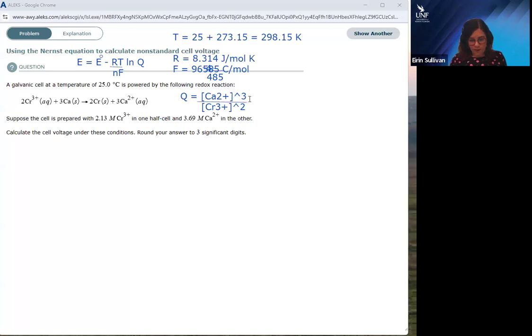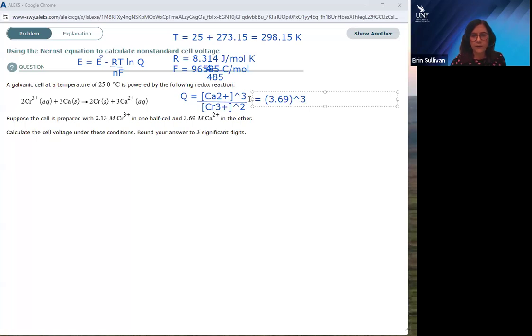So that is going to be 3.69 molarity, and that will be cubed, divided by, oh no, not cubed, sorry, squared. My bad. There's too many of the same letters. The calcium will be cubed, I'm sorry.